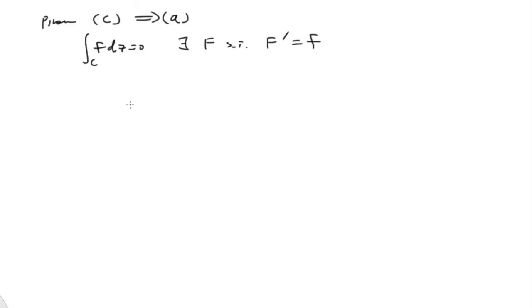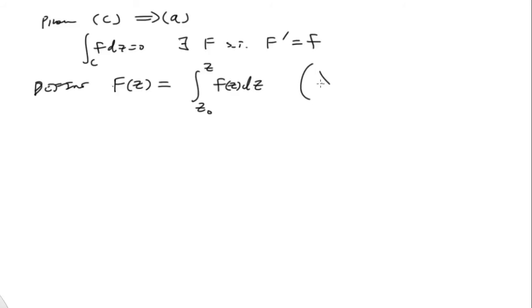In order to do that, we need to define capital F of z as the integral starting at z0, where z0 is just any arbitrary point in our domain, going to z of f of z dz.